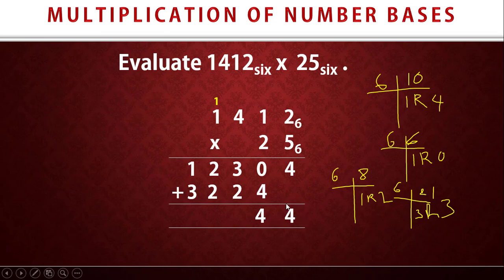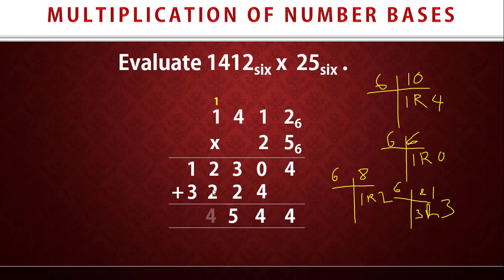Assuming the value you obtain here is greater than the required base, you need to perform what we did earlier. Maybe you say how many times will the base go in that particular result that you've obtained. Okay, the next thing will be 3 plus 2, that will give 5, and our 5 is less than 6, so we can write the 5 directly. 2 plus 2, that's 4. 4 is less than our required base, which is 6.